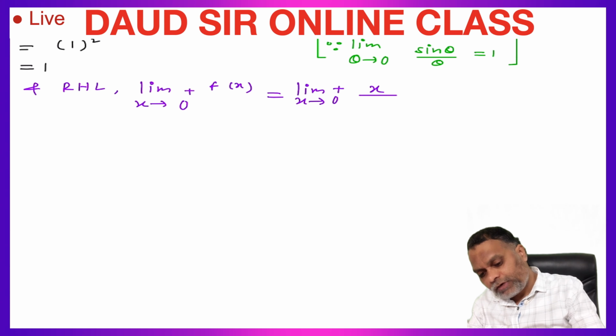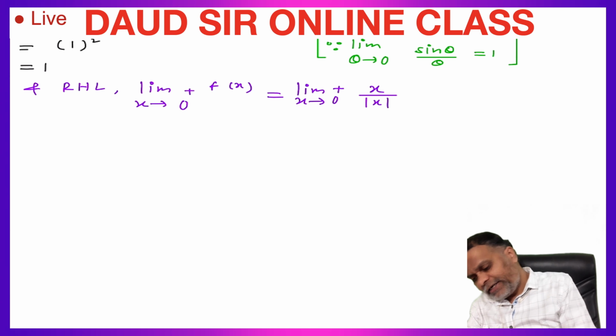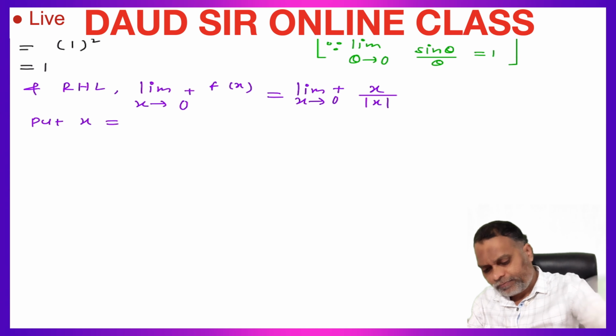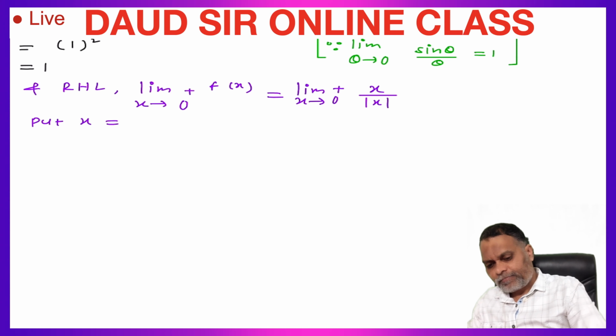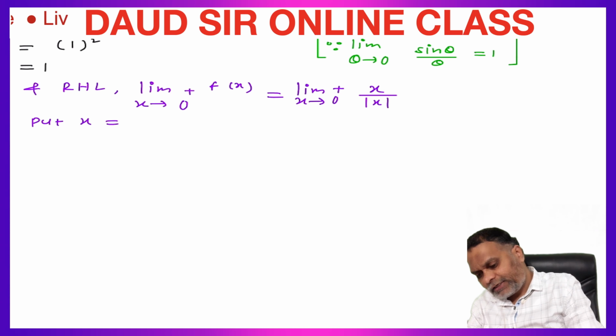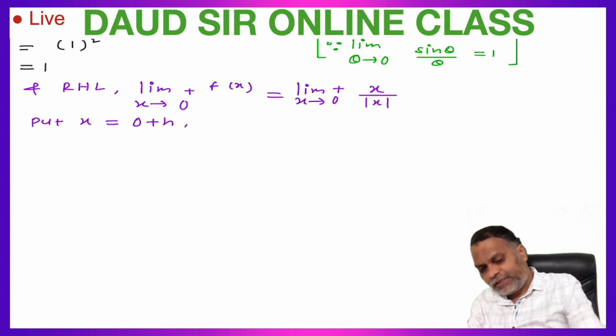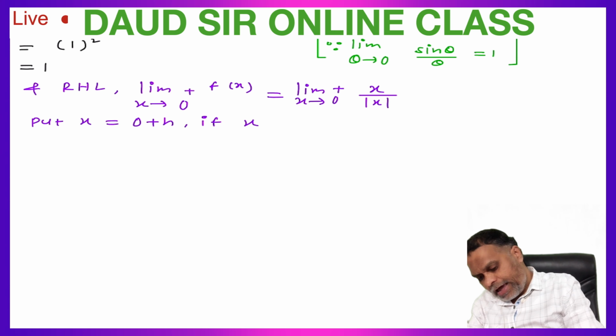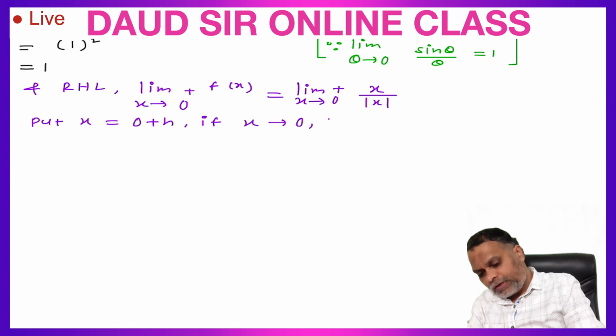For right hand limit, we have to substitute x is equal to a plus h. Here a is equal to 0, so put x is equal to 0 plus h. Change tends to, if x tends to 0, then h tends to 0.